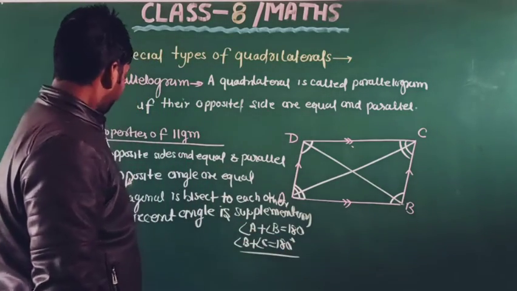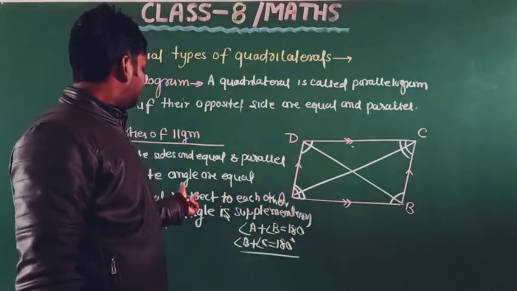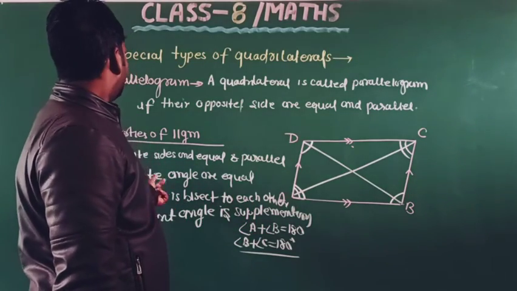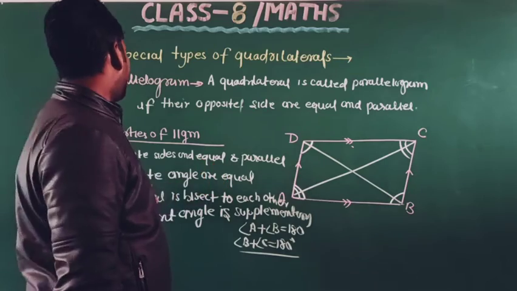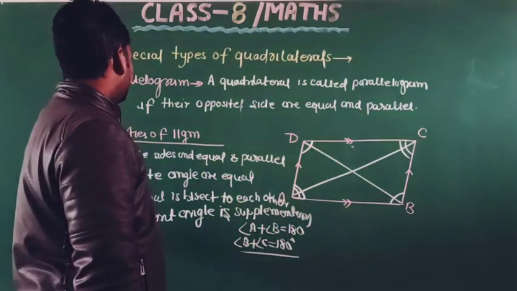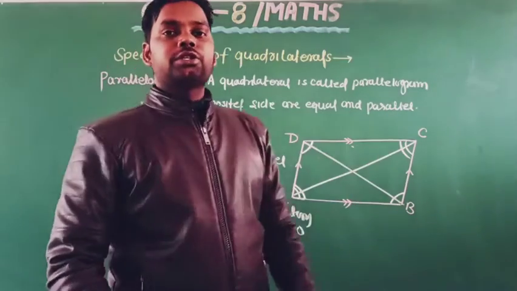So these are the properties of parallelogram: opposite sides are equal and parallel, opposite angles are equal, diagonals bisect each other, and adjacent angles are supplementary.